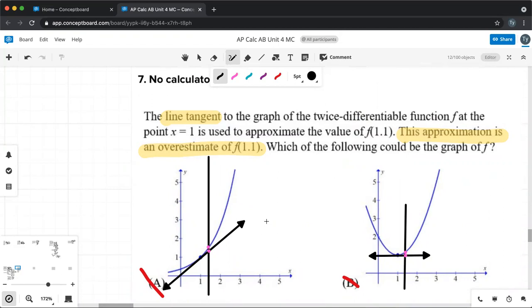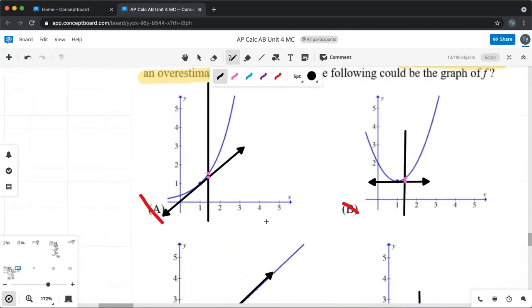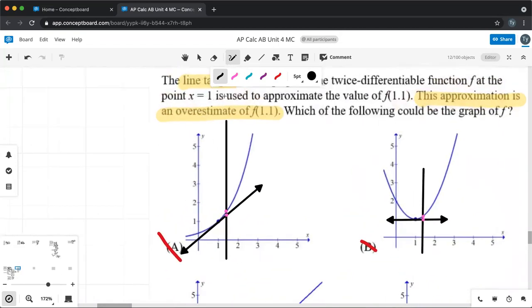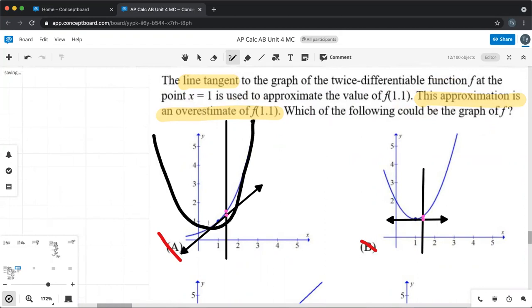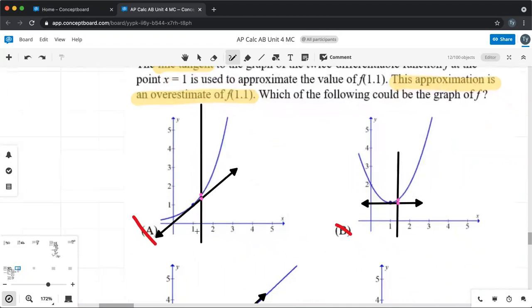So if we want an overestimate, we need a concave down function. So if you're good with looking at pictures of a function and looking for information about the second derivative, not the first derivative, but the second derivative, this is opening upwards. So it is concave up. We want concave down. This one's not going to work for us.